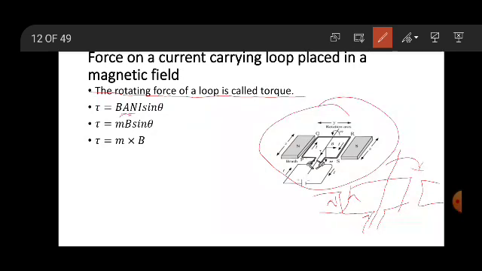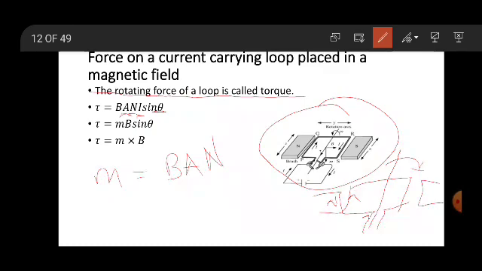N is the number of turns the loop might have. I here is the current. Then, of course, sin theta is the angle it makes with the loop. This torque can also be written as MB sin theta. M here stands for magnetic moment, which will be equal to BAN.